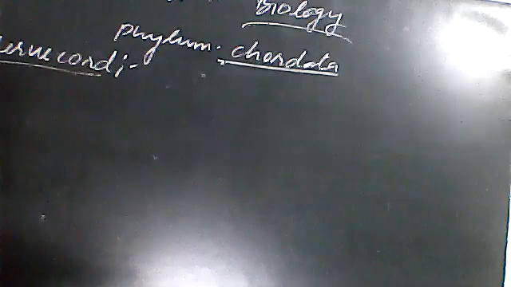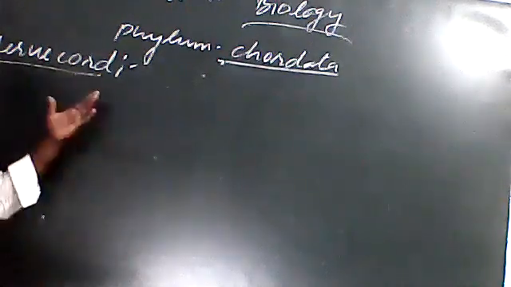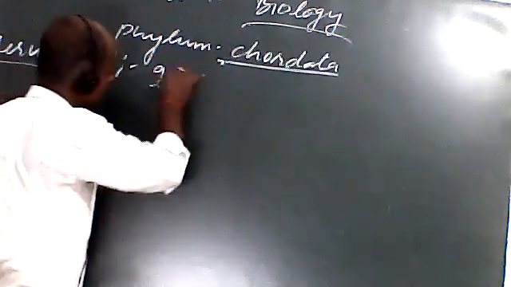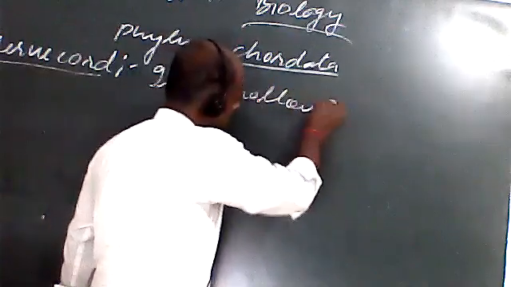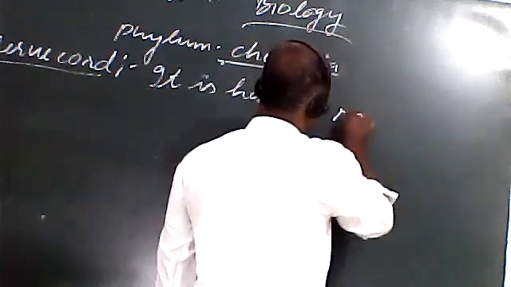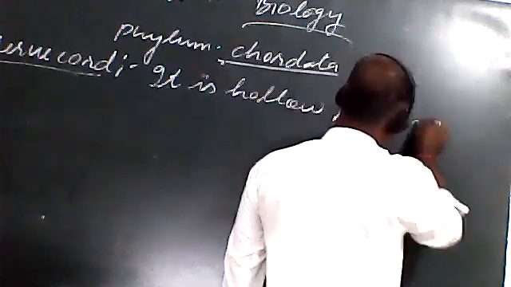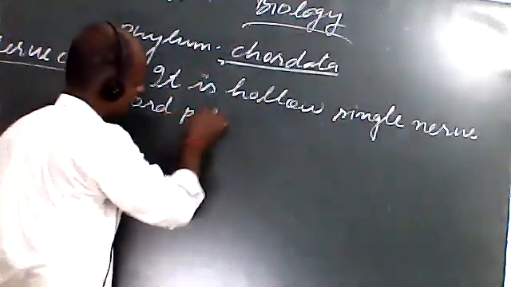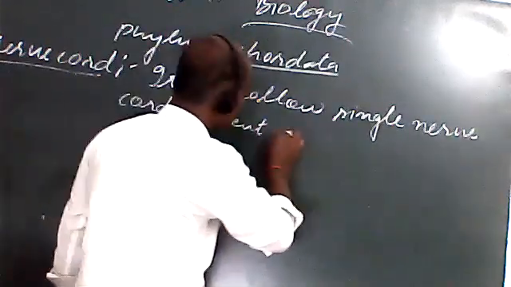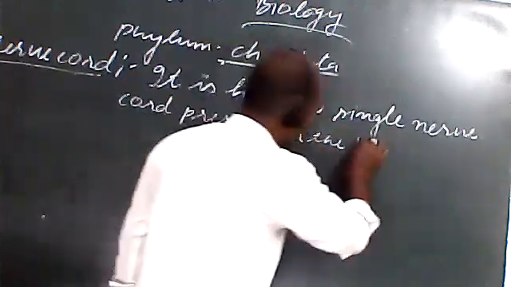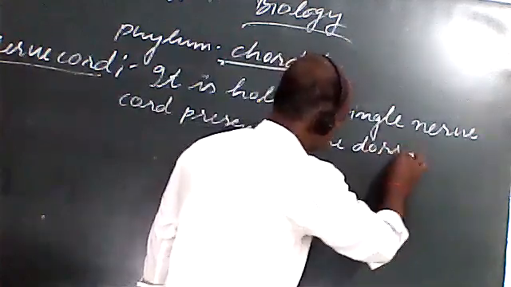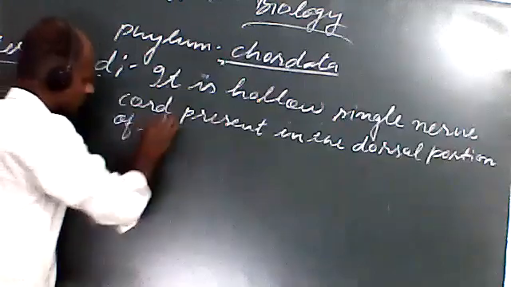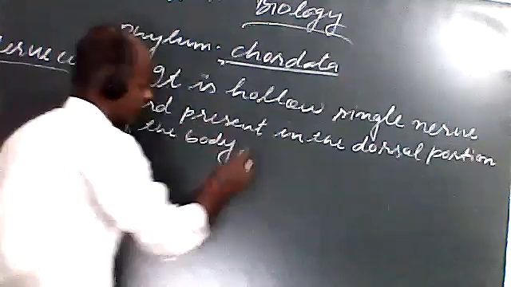If you see the structure of the nerve cord, we can say that it is hollow, single, and present in the dorsal portion of the body, above the notochord.